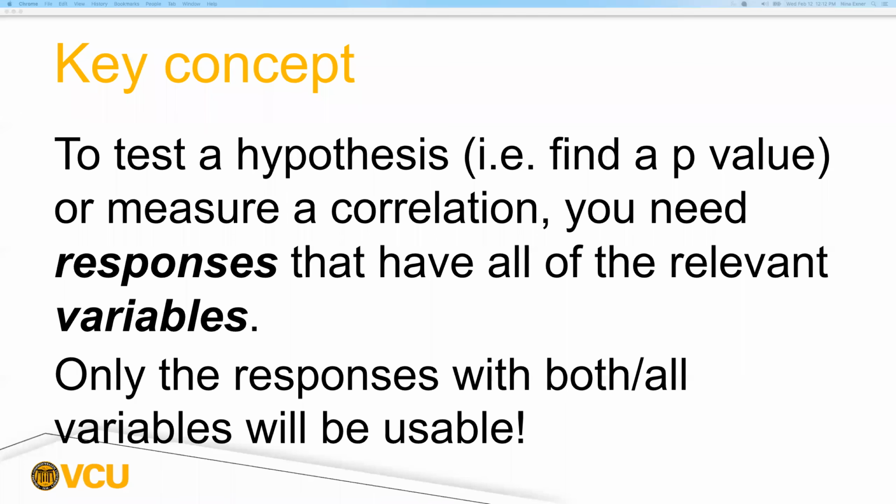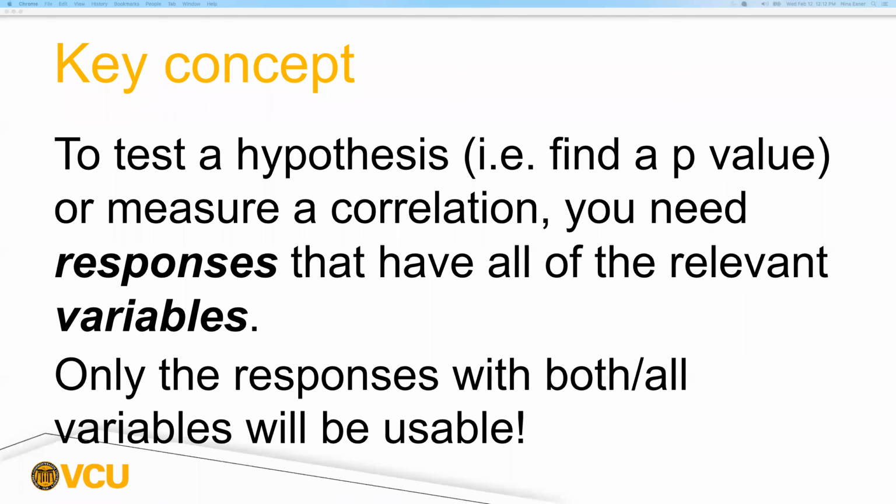So you have to find all of your variables in the same data set, unless you want to do some really complicated statistical stuff. Typically, you have to find all of your variables in the same data set, and if some questions were only asked to part of the participant group, then you have to check that all the variables you care about were asked of all the same participants.